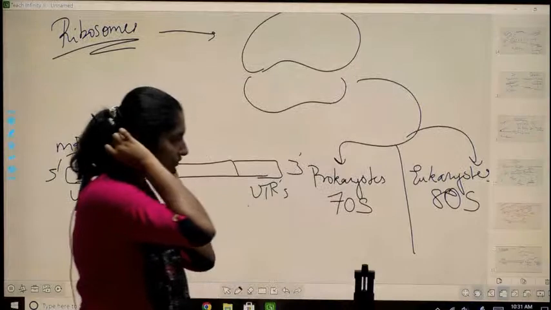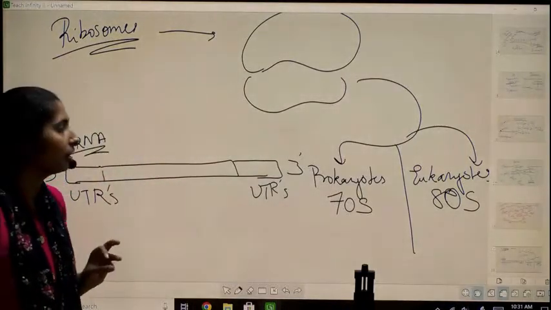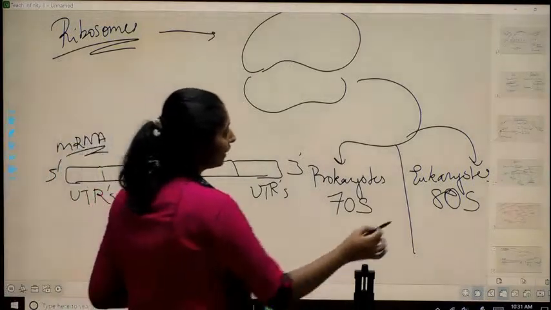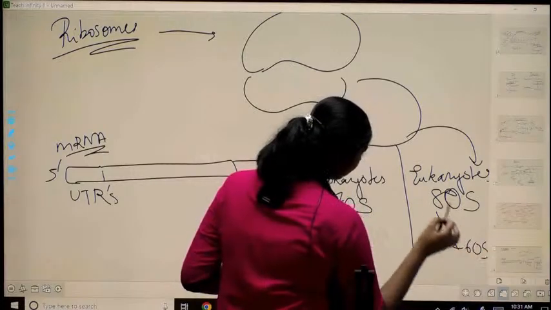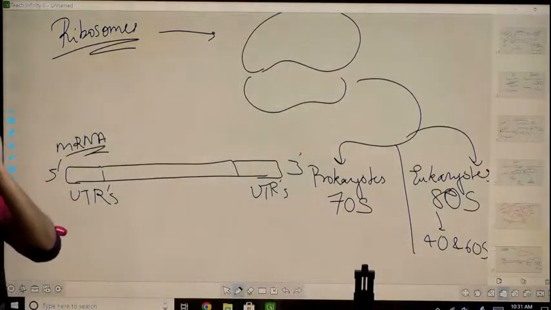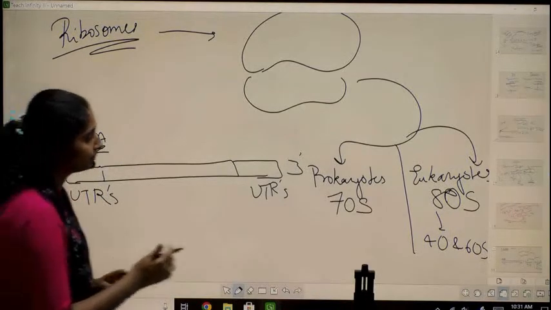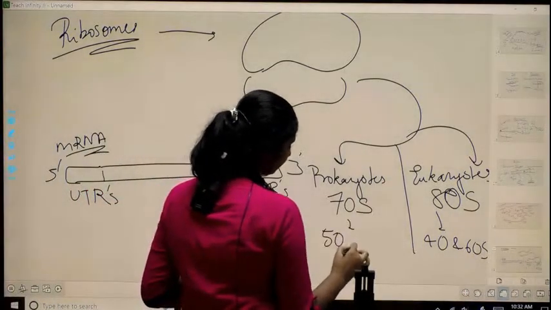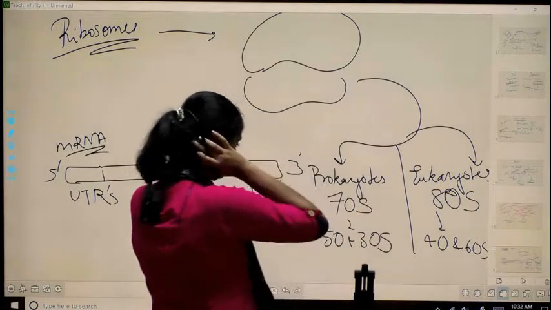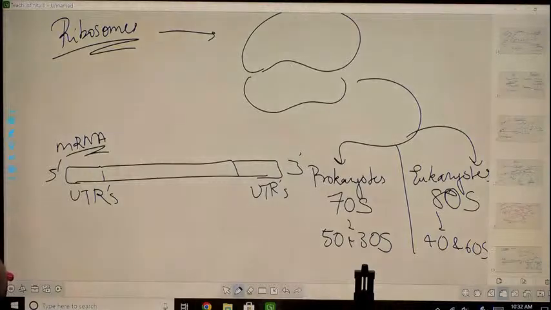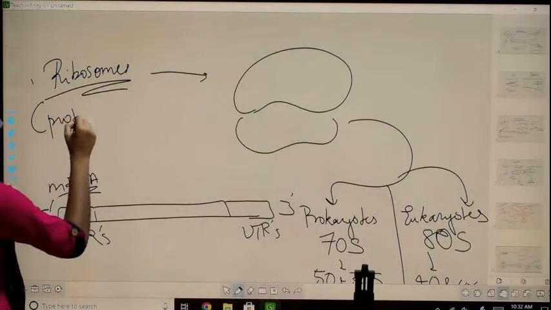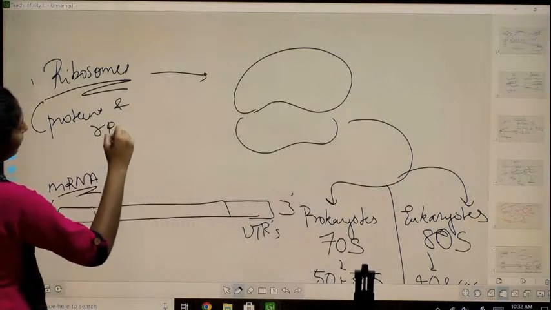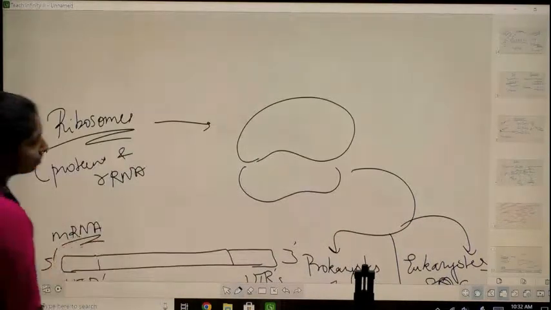S refers to the sedimentation coefficient, that is Svedberg. So this 80S is made up of 40S and 60S, whereas the 70S is made of 50S and 30S. So we see that the ribosomes are different in prokaryotes and eukaryotes. These ribosomes are formed from proteins and ribosomal RNA, right?